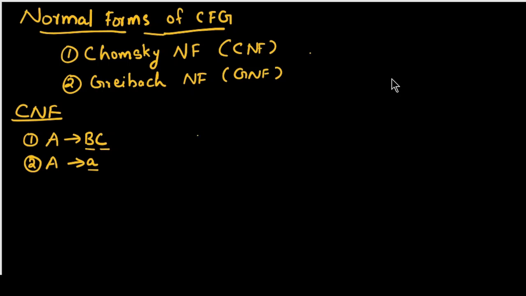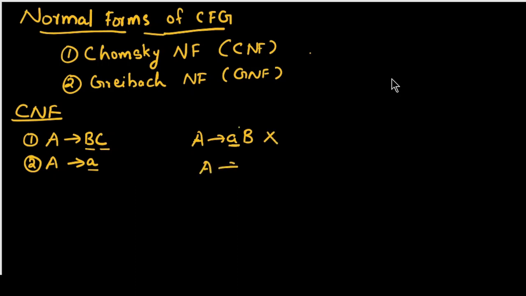If you have a production like A gives aB, this is not in the proper format, because on the right hand side we have a terminal instead of a variable, so this should not be allowed.